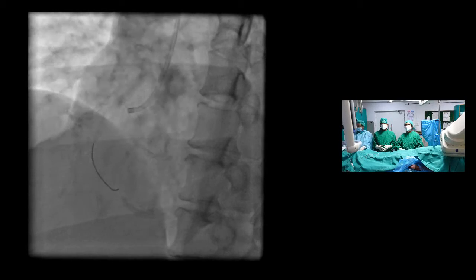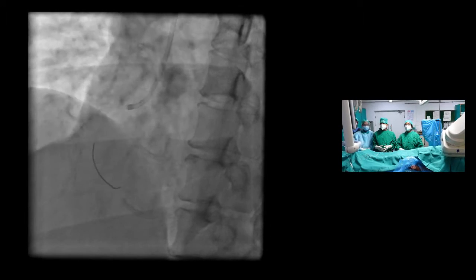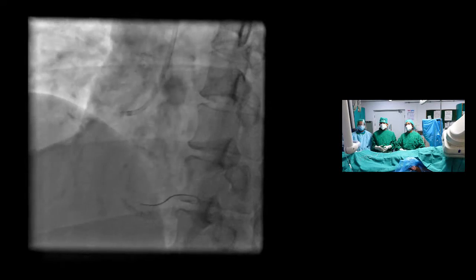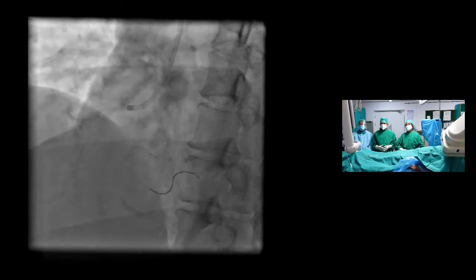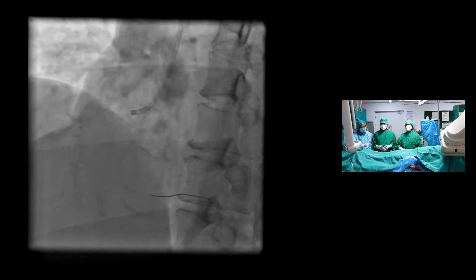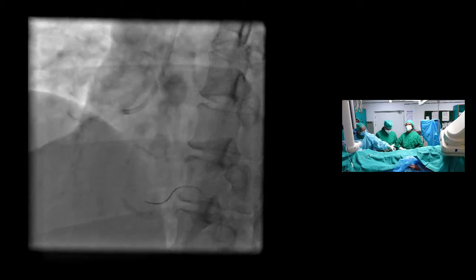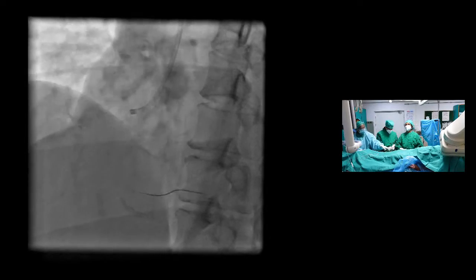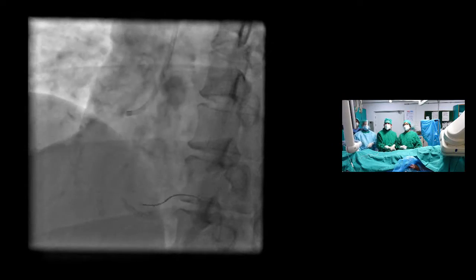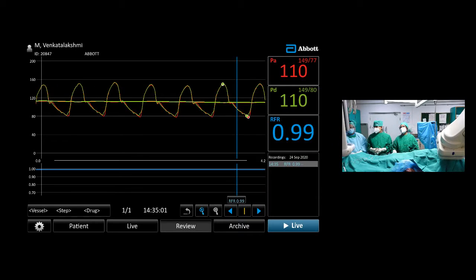So we took the FFR wire, we equalized at the ostium, and we now placed the FFR wire distal to the lesion in the distal RCA. I placed the wire into the PLV and measured, and it shows 0.99, so it is not significant in the PLV branch.